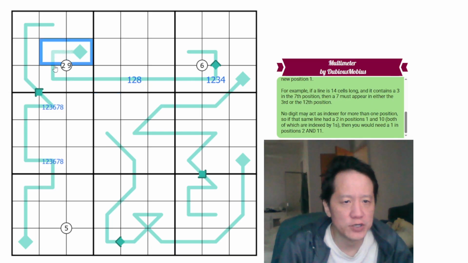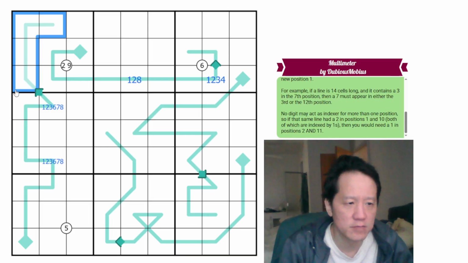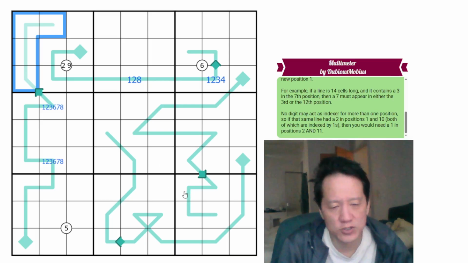One thing we do know is in this box 1, there's no 2 or 9 on this index line. So one of these digits has to be essentially outside of 1, 2, 3, 4. What does that tell us? I'm not really sure.